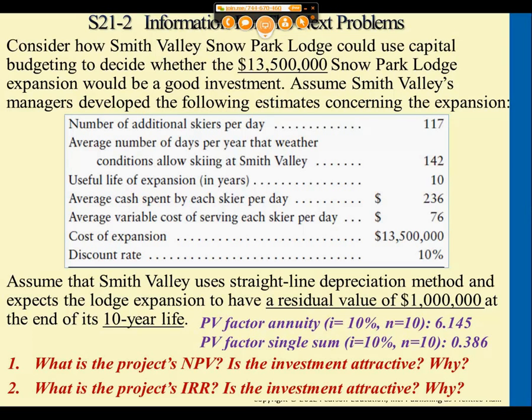I'm going to take my present value of annuity, right, of equal amount, let's make it equal. Okay, so you have annuity and you have a single sum. I gave you the PV factors here. So you calculate the NPV. At the end, you need to subtract the initial investment, right, to find the NPV.